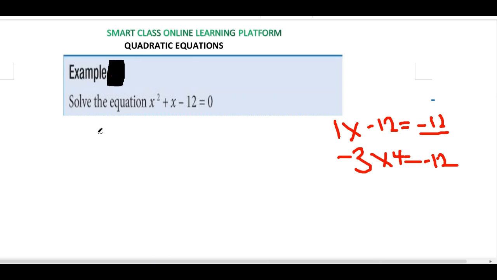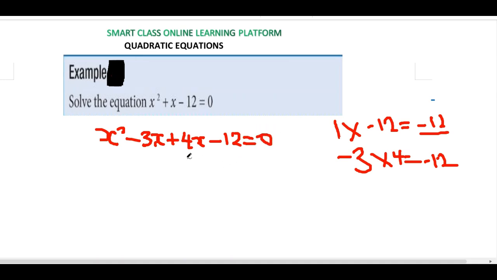So we are going to have x squared minus 3x plus 4x minus 12 is equal to 0.